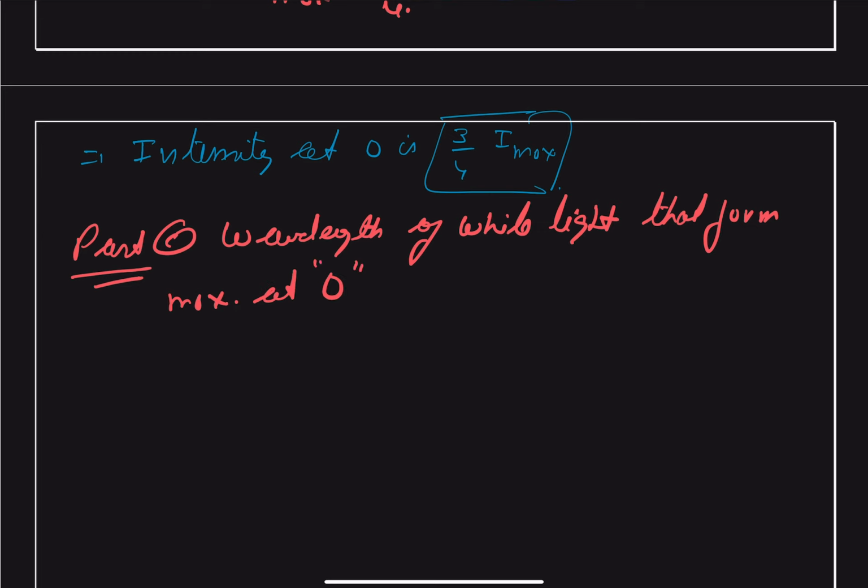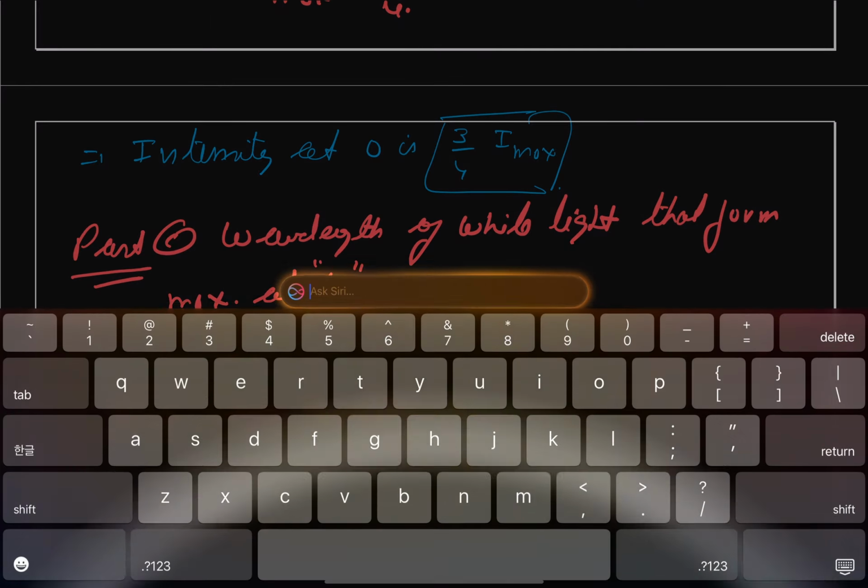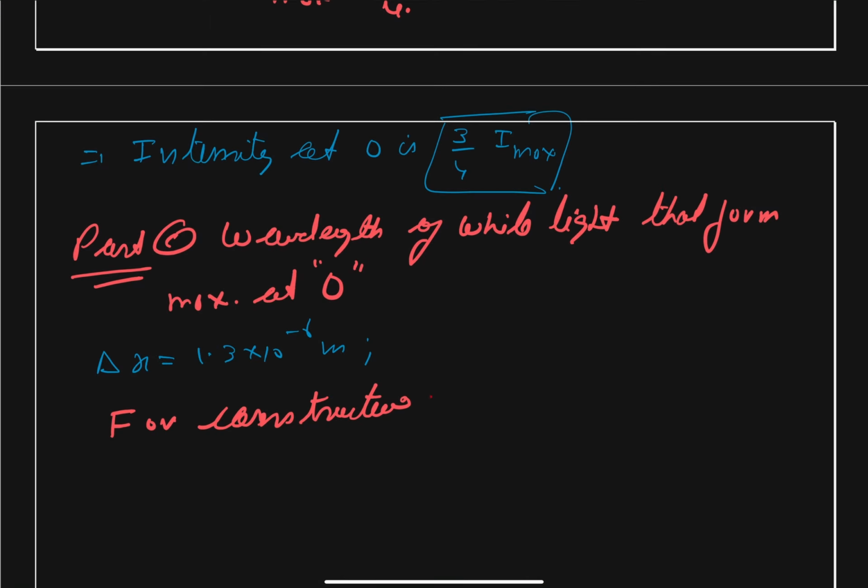And we already know that our delta x we just calculated is 1.3 into 10 to the power minus 6 meters. And maxima, it means the constructive interference. So we can say for constructive interference, our delta x should be equal to n times lambda, where lambda is the wavelength.